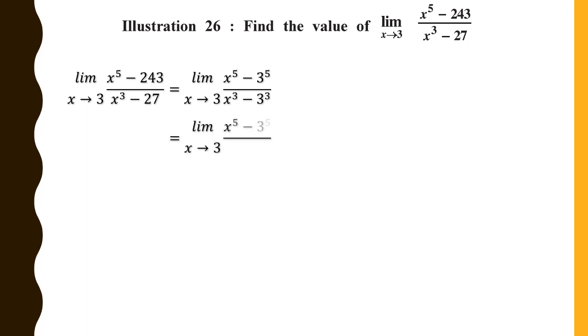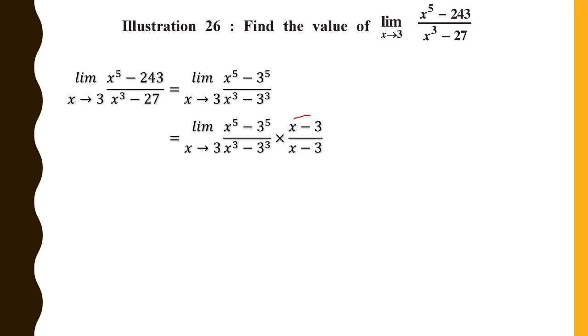As you can see, our format here is (x raised to n minus a raised to n) upon (x minus a). That means in the division we need x minus 3, but we don't have x minus 3 in the division. Rather we have a powered value, that is x cube minus 3 cube. So we are going to create a value on our own from the given question.